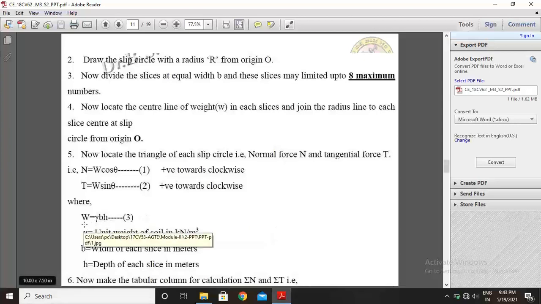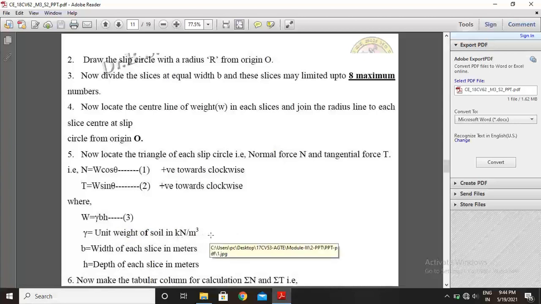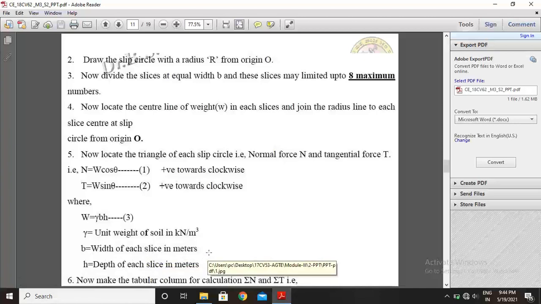How are we calculating weight? Density of soil times area of each slice: gamma into B into H. Where gamma is unit weight of soil in kilonewton per cubic meter, B is width of each slice in meters, and H is depth of each slice in meters.